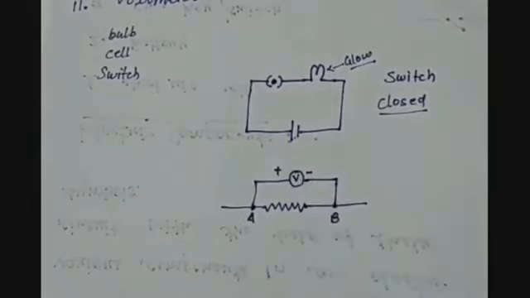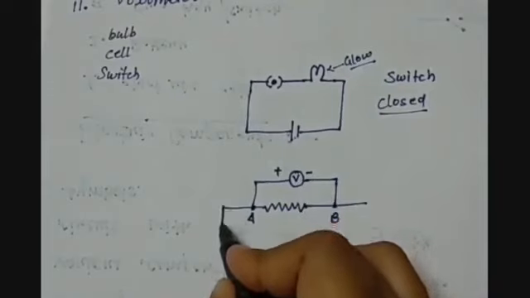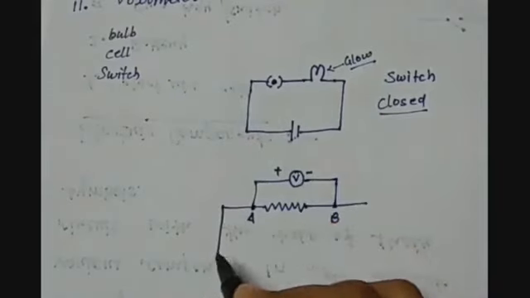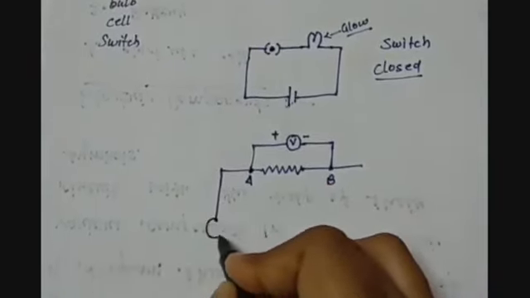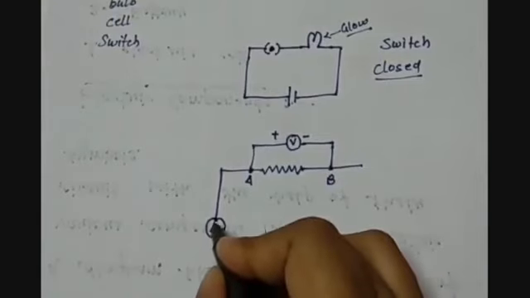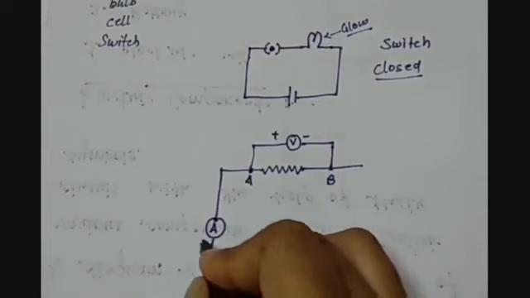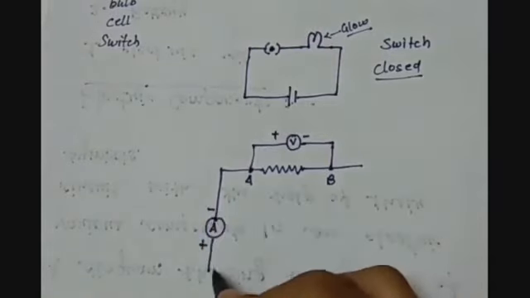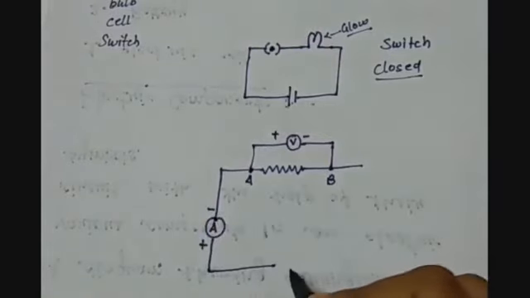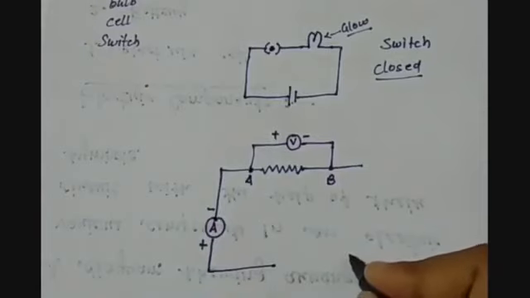So this is the symbol for voltmeter. And if we have to measure the current in the circuit, then we will add an ammeter, and that too in series, positive, negative. We also need a cell or a battery.